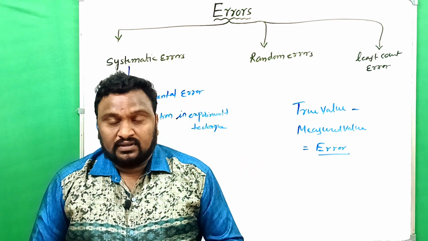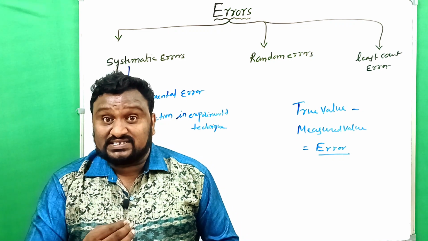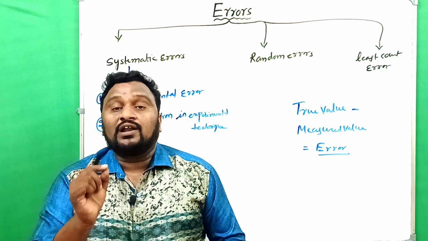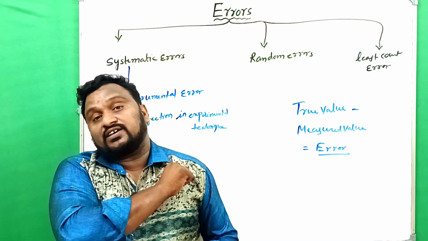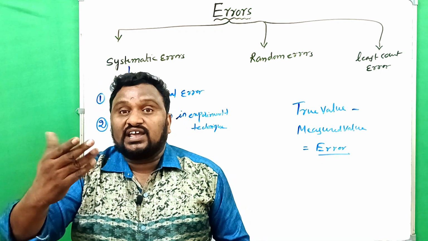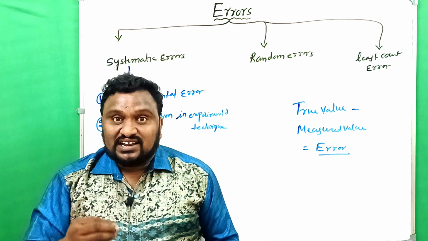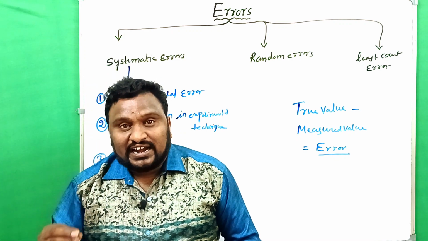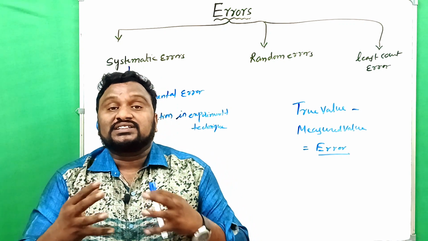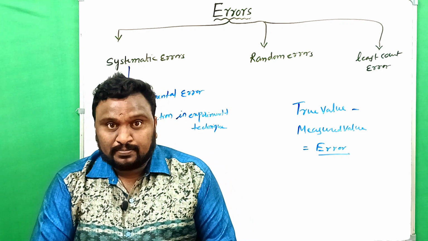The errors which occur in only one direction while taking measurements are called systematic errors. Generally the errors we get in the case of screw gauge and vernier calipers can be taken as examples of systematic errors.